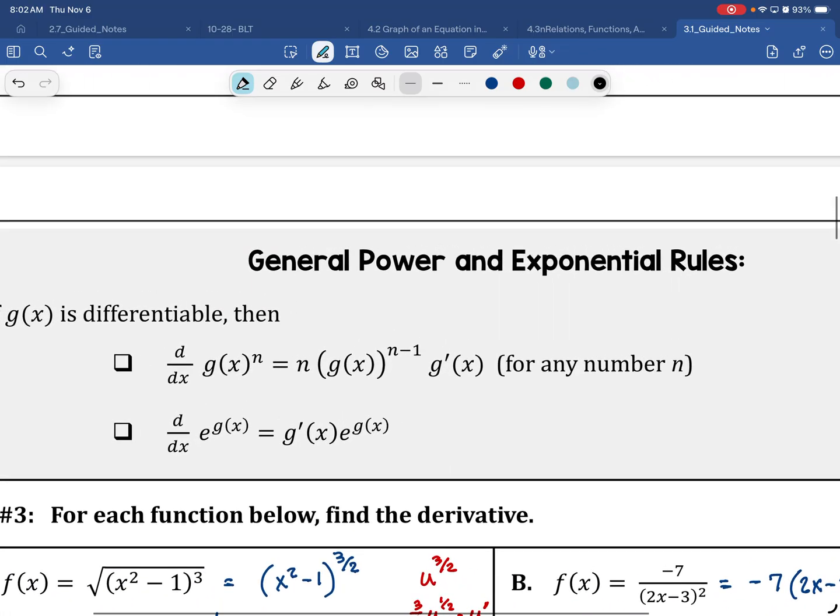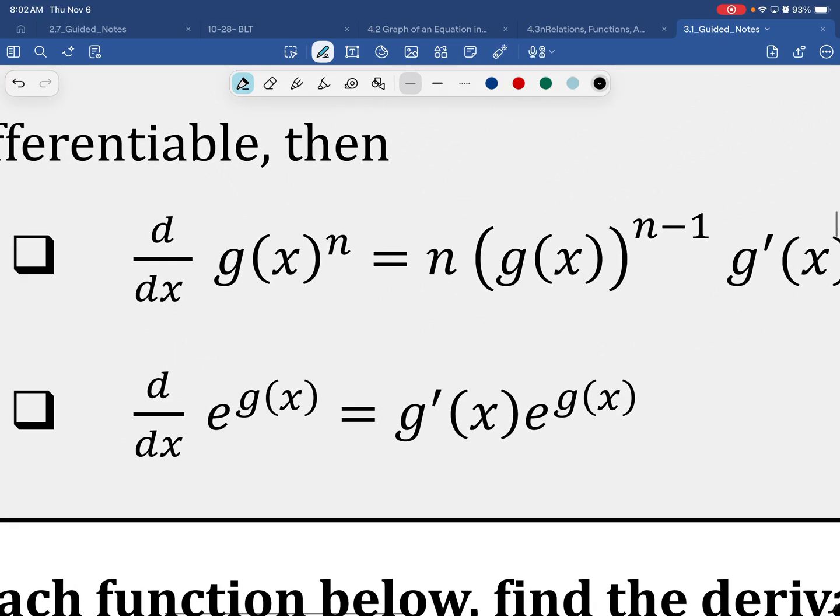Now, based on what I just did, there's a slight modification we might need to make to the power rule. If you're doing a function raised to the power, then obviously you move the power to the front and subtract 1 from the power, like we've done before.